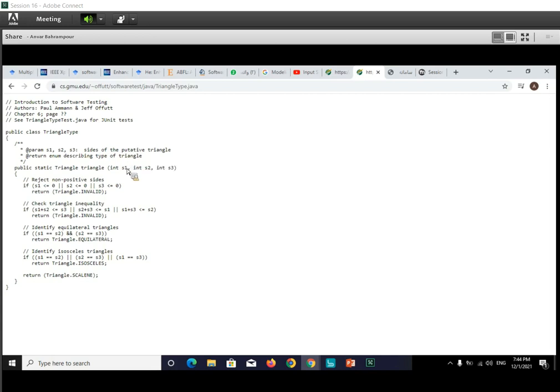The first parameter is the length of side 1, the second is the length of side 2, and the third one is the length of the third side of a triangle. All of these sides are considered as integer values. We simply define these sides as integer lengths.